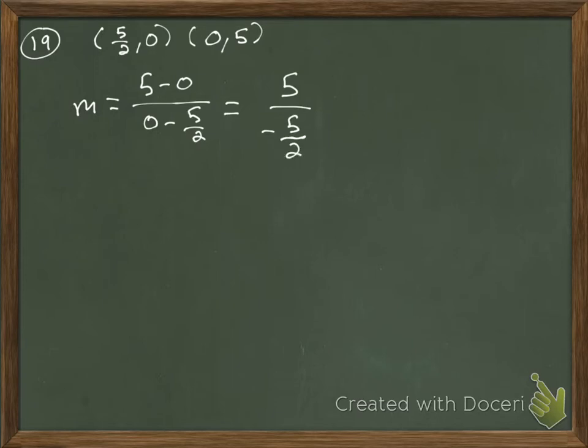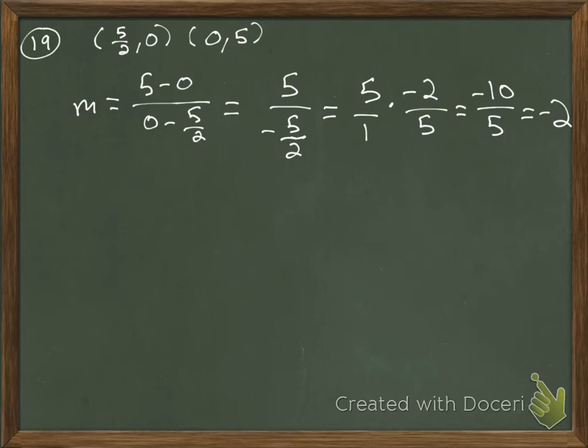All right. What do we do when we have a number divided by a fraction? We multiply by the reciprocal. So this will give us 5 times -2/5, which would be -10 over 5, which is -2. Okay. So now we have a slope and 2 points.